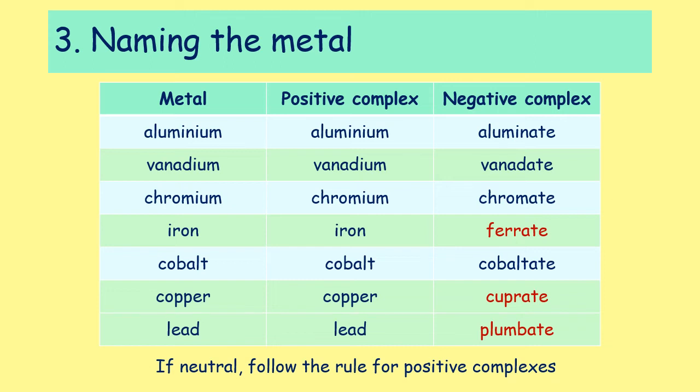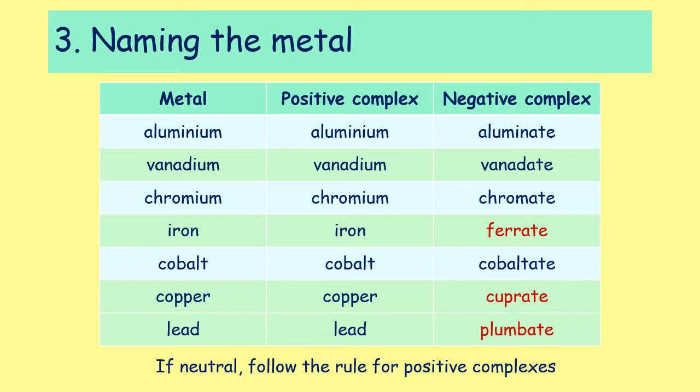Now, when it comes to metals that end in IUM, if they're part of a negative complex, all you do is change the IUM to ATE. So aluminium becomes aluminate, vanadium, vanadate, chromium, chromate. So you're changing the IUM to ATE. All the other ones, you still end with ATE.